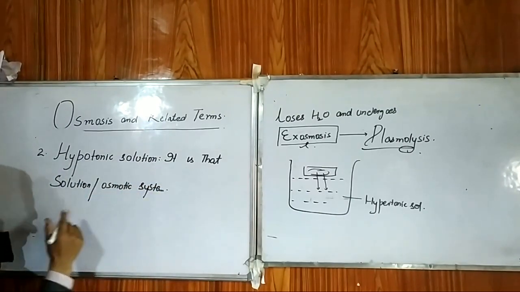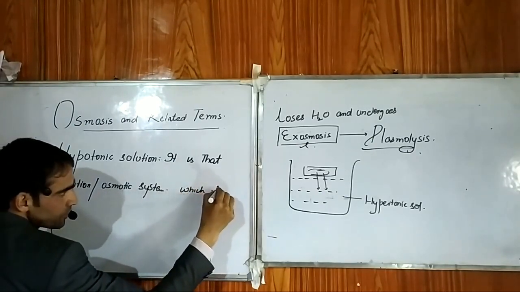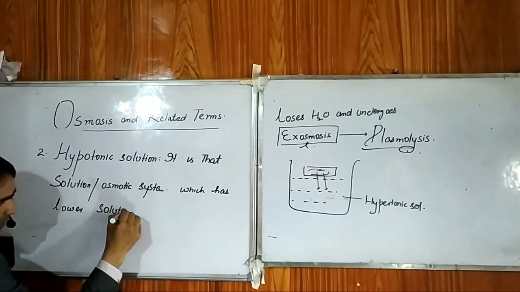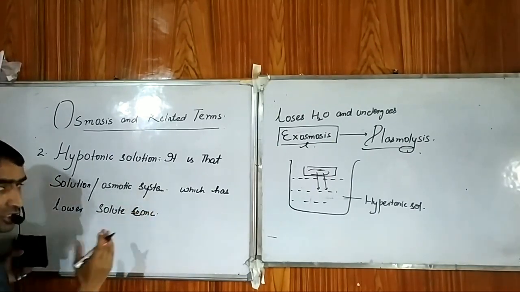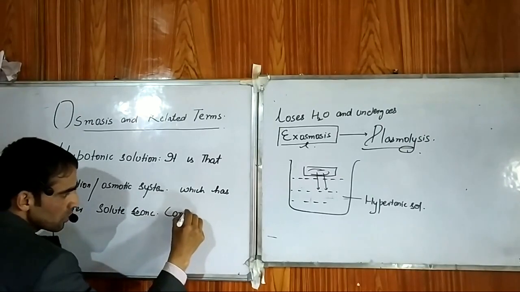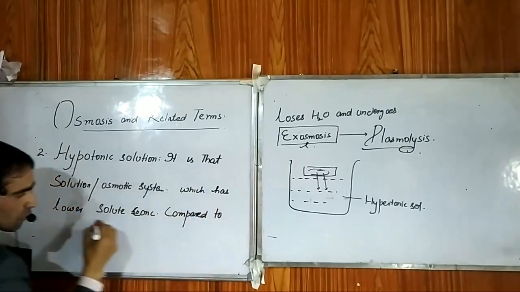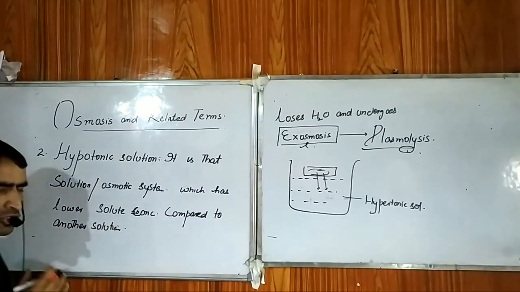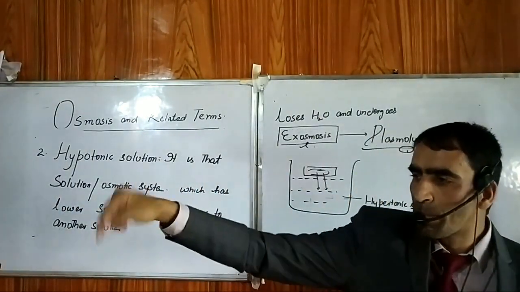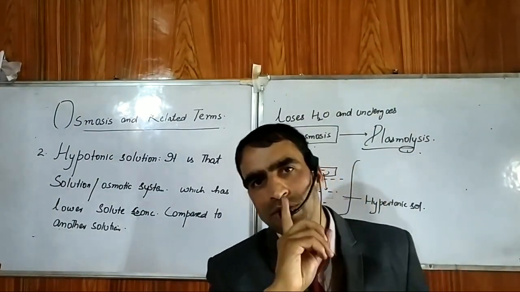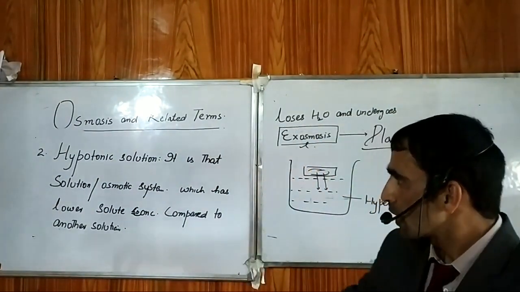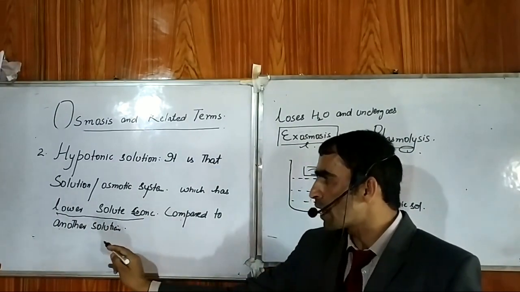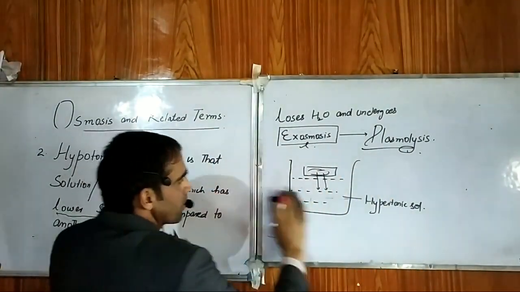It is that solution which has lower solute concentration compared to another solution when both are separated by a semi-permeable membrane. वो वाली solution जिसकी solute concentration कम होती है comparison to another solution, call this solution as hypotonic solution. मैं आपको बताऊंगा, it is that solution which has lower solute concentration compared to another, this is hypotonic solution. बेटा मैं आपको यहां पे दिखाऊंगा.